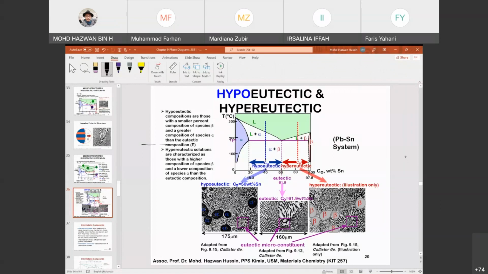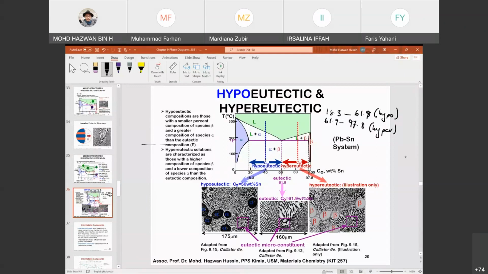The hypoeutectic range is around 18.3 to 61.8 or 61.9. Meanwhile, hypereutectic is around 61.9 until 97.8.